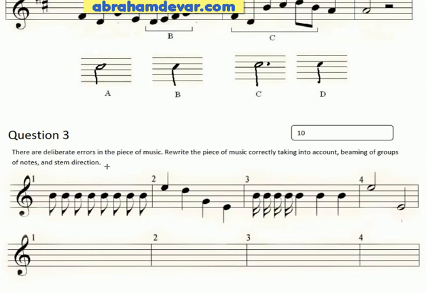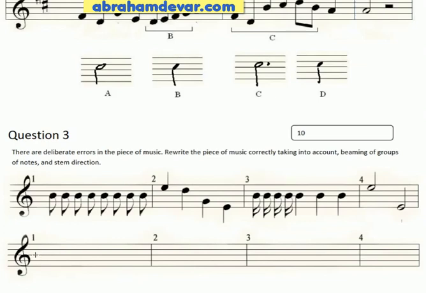There are deliberate errors in this piece of music. Rewrite the piece of music correctly, taking into account beaming of groups of notes and stem directions. Okay, so straight away we can see that these eighth notes or quavers need to be beamed.